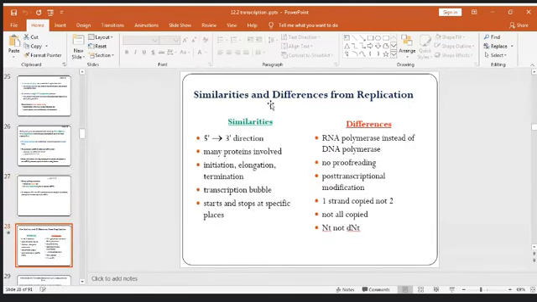When you see the similarities and differences from the replication process again, the similarity is that both the replication and transcription processes undergo synthesis in the 5' to 3' direction. In both of the processes, many proteins are involved.